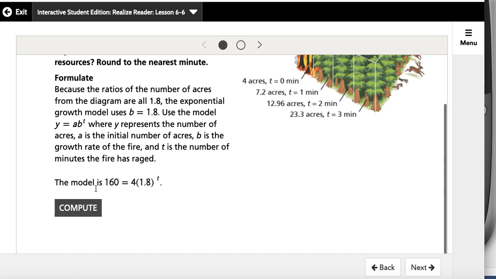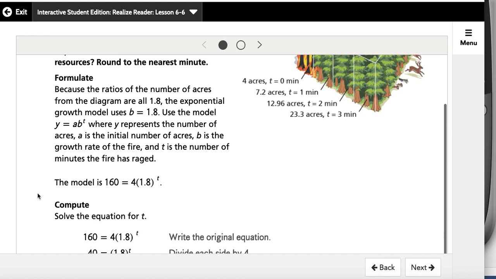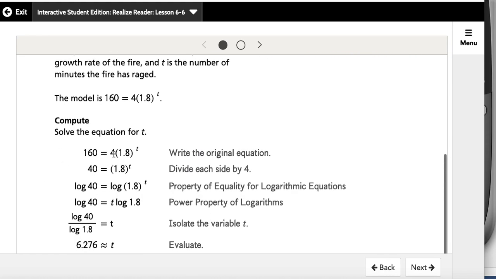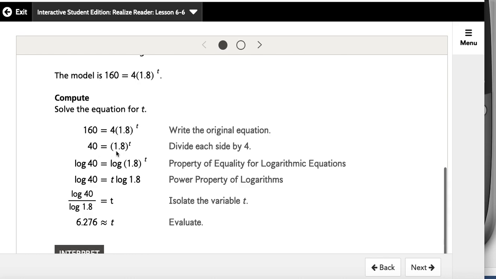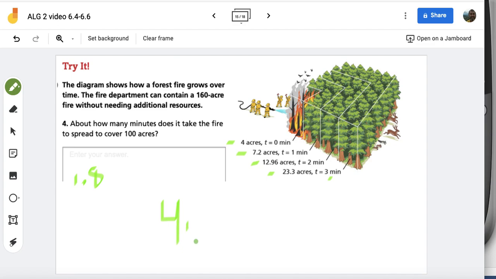So to solve this for t, like we've done earlier, solving for the exponent, we want to get the exponent and base by itself, so divide both sides by 4. I would have done this differently than they did. If you like the way they did it, you can scroll back, pause and look at it. I'm going to do it a different way: 40 equals 1.8 to the t. I'm still going to get the same answer they get.